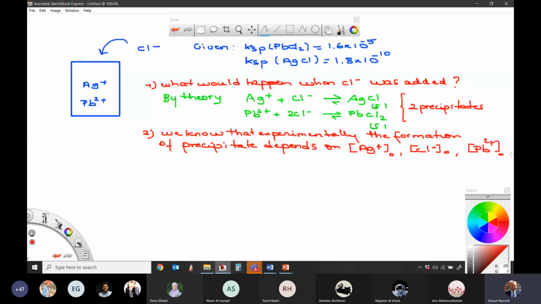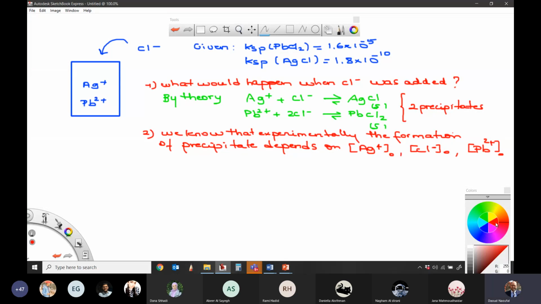We said if Ip is greater than Ksp, we have formation of precipitate. If Ip is less than Ksp, we don't have formation of precipitate. If Ip is equal Ksp, we are at the starting of the precipitation. So this is observation 2.